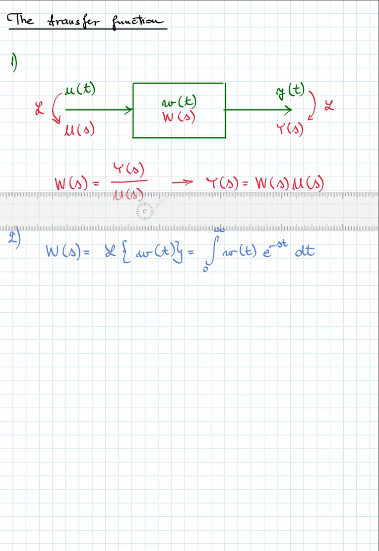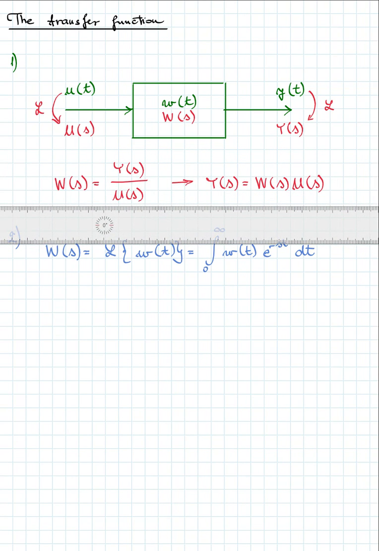And if we take the following, so Y of s over U of s, this will be the so-called transfer function denoted by W of s. And from this equation we can obtain the output Laplace transform, so Y of s, which is equal to W of s and U of s.